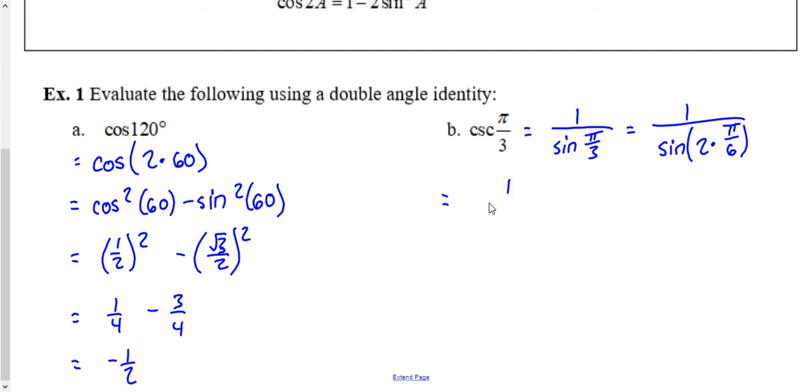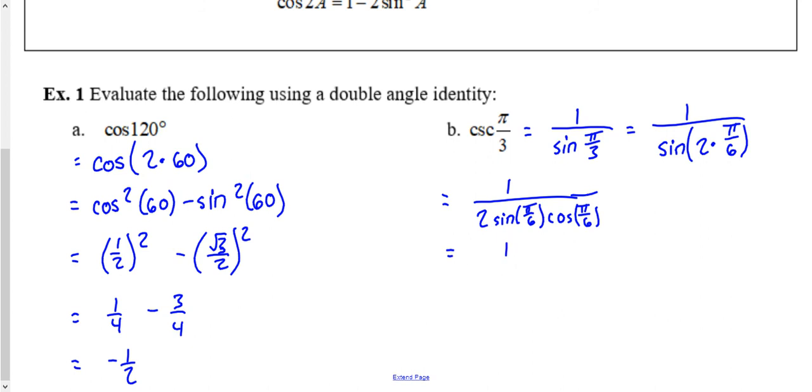Here I have 1 over, and I'm going to start to fill in my equation. It's going to be 2 multiplied by sine pi over 6 cos pi over 6. Alright, there we go. And let's quickly evaluate this here.